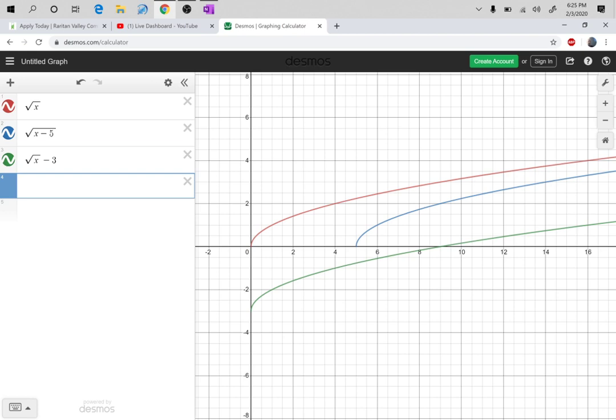With this tool, sit down for an hour or two on multiple days, 30 minutes today, 30 minutes tomorrow. You keep plugging the functions, and you see that every time you modify x directly, the graph will go left and right. Every time you modify the entire function by adding or subtracting a number, it will go up and down.